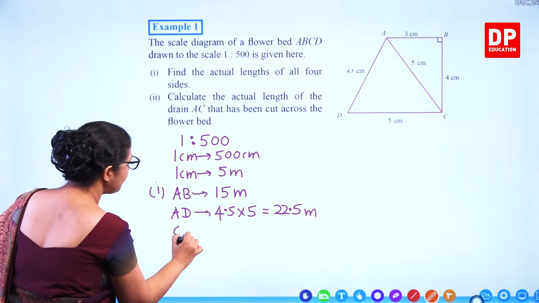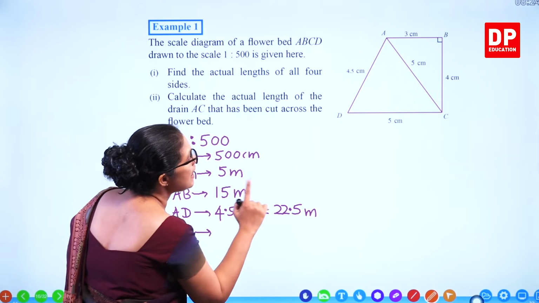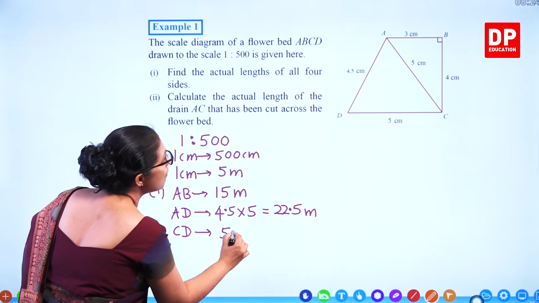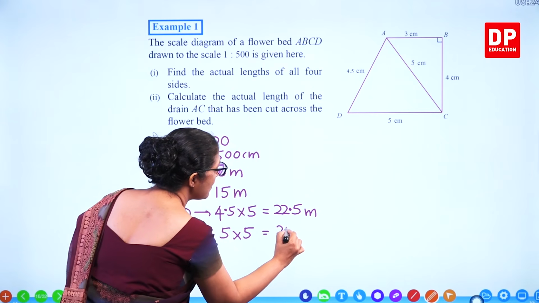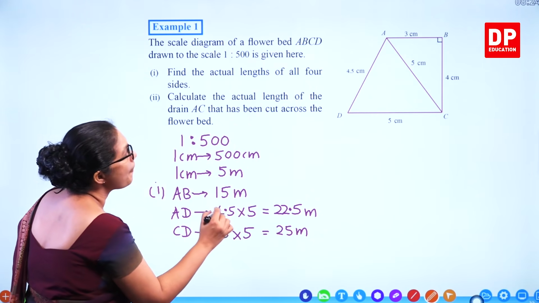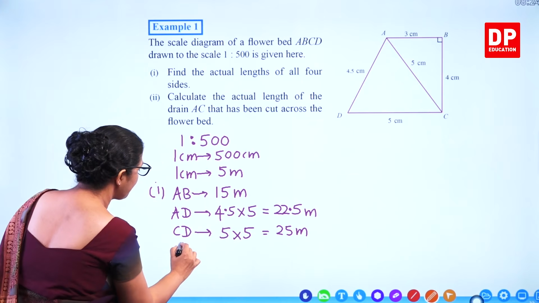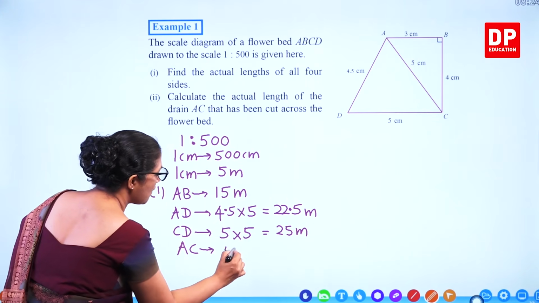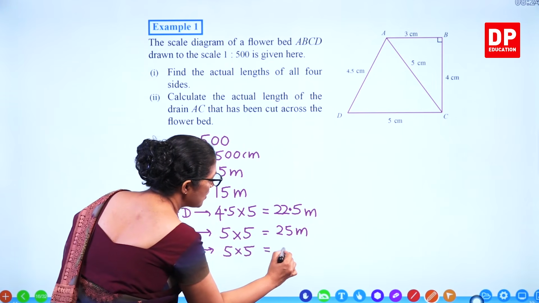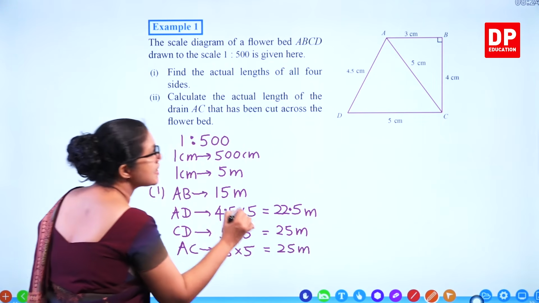CD is 5 centimeters. 5 times 5, 25 meters. Then AC is also 5 centimeters. 5 times 5, that's 25 meters.